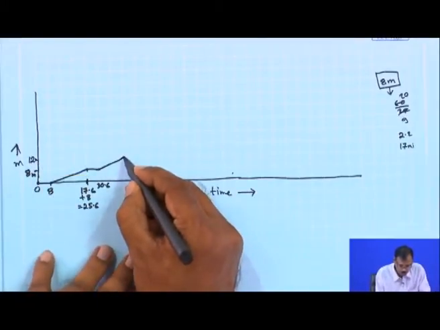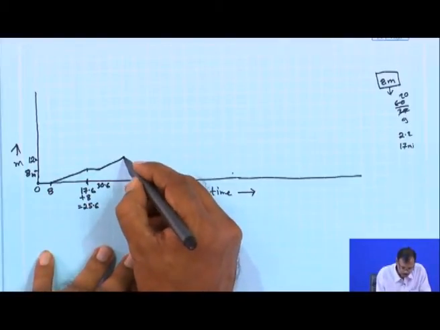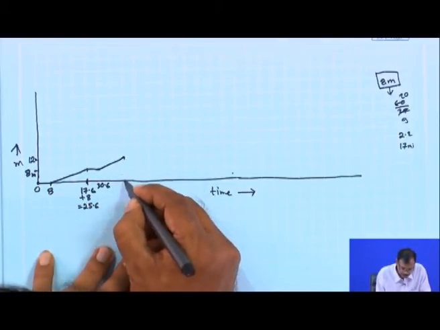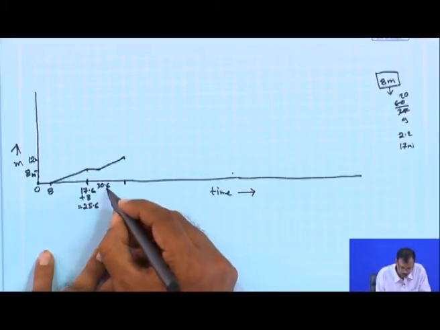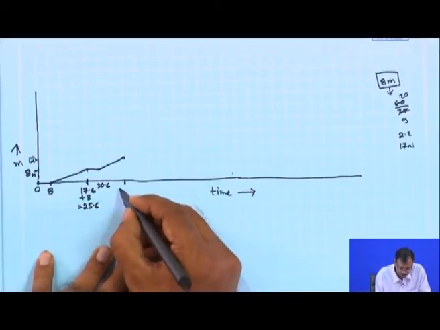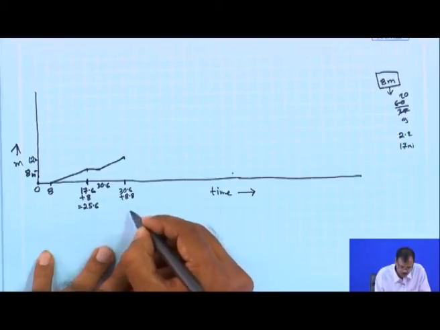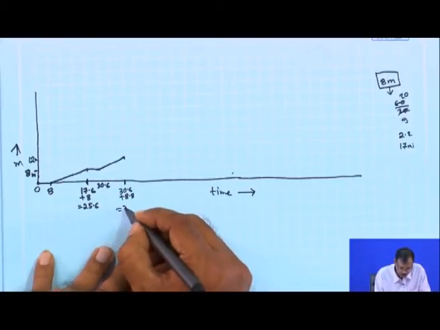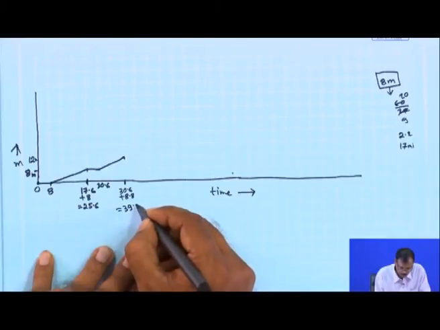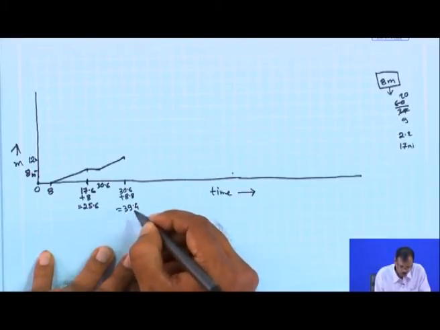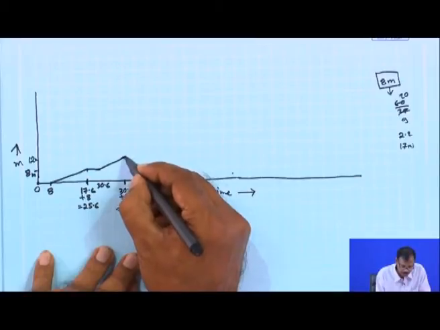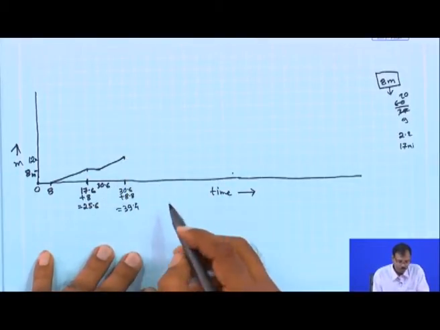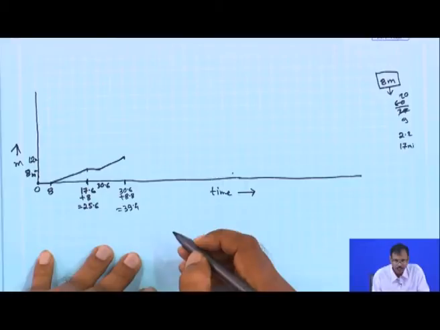So, this 4 meter will complete at this position, and let us consider this is 30.6 plus 8.8. So, this will give us around 39.4 minute. So, at 39.4 minute time, we will complete 12 meter of drilling.